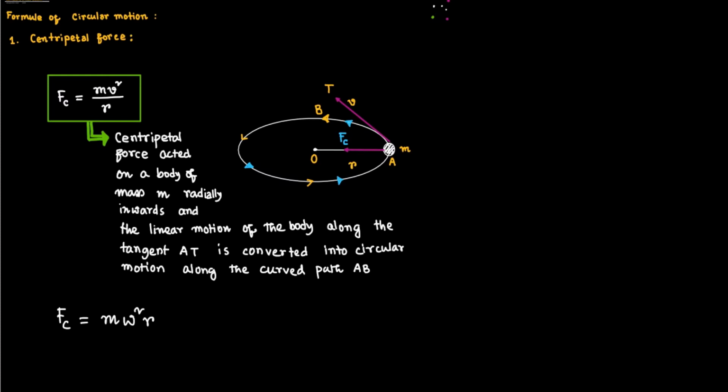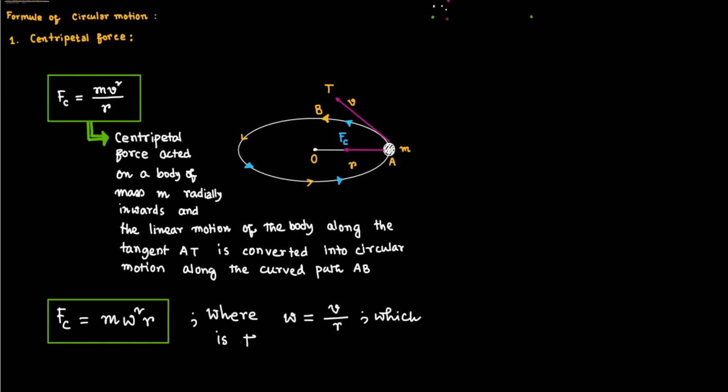Also, Fc has another expression which is given by Fc equal m omega square r, where omega is the angular velocity of the body. Omega is the ratio of v and r, v by r, which is the angular velocity of revolution of the body.